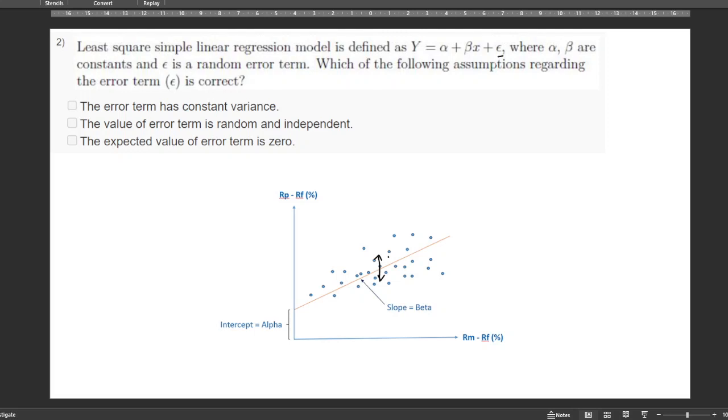The expected value is zero, because the best fit is when we have zero error. So the expected value of the error term is zero. That is the assumption for the error term.